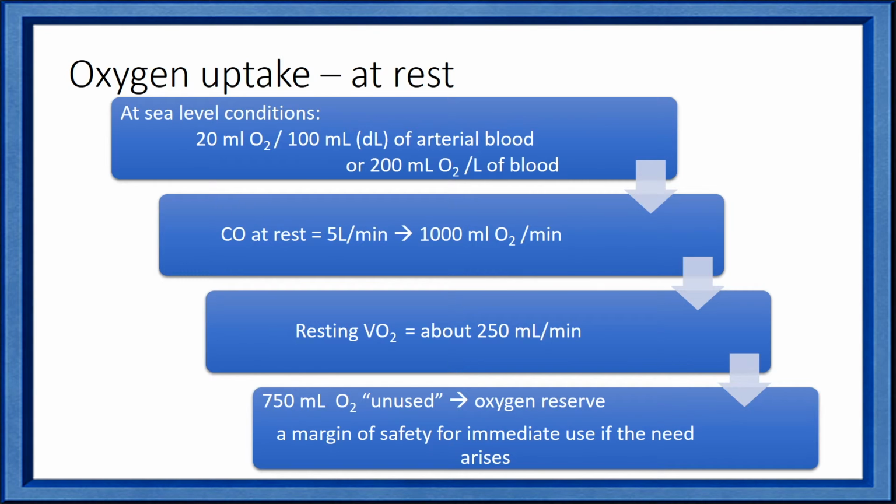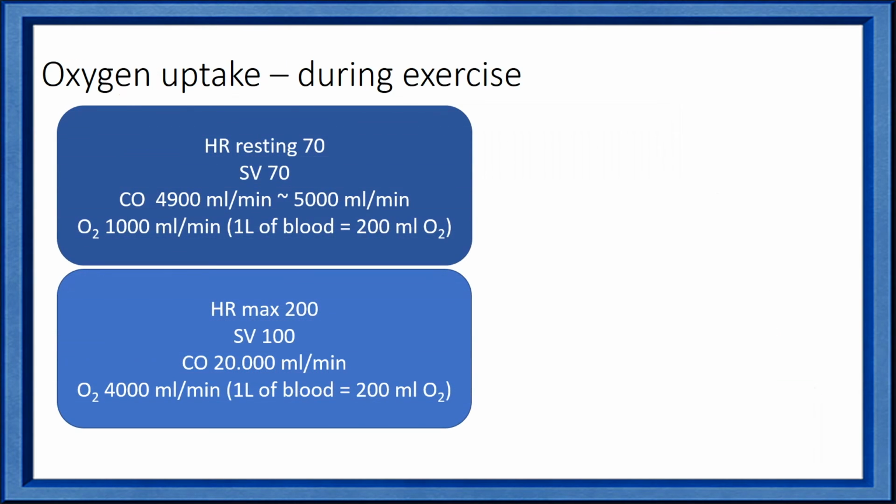This extra oxygen in the blood above the resting needs maintains what is called oxygen reserve, which is a margin of safety for immediate use if the need arises. During heavy exercise, the oxygen carrying capacity of the blood increases from 1,000 ml per minute up to 4,000 ml per minute. The oxygen consumption also increases during heavy exercise, indicated by an increase in the oxygen difference between arterial and venous blood.